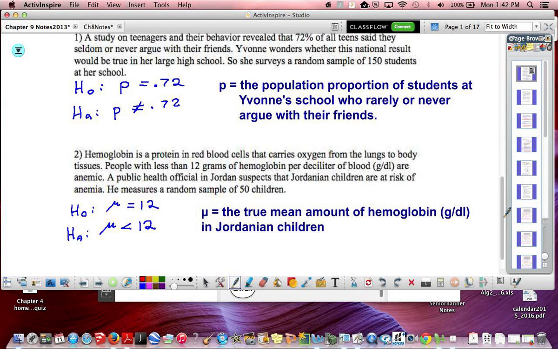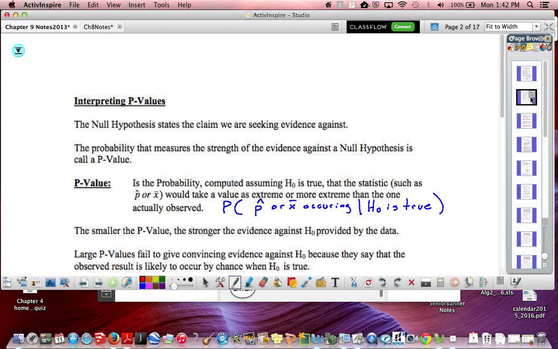All right, so now, how do we go about showing whether or not, or let me rephrase it this way, how do we conclude one of these hypotheses?